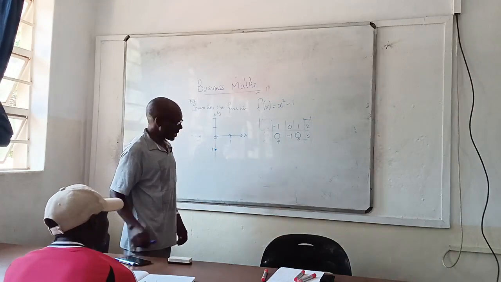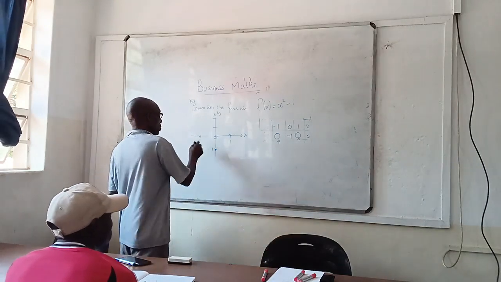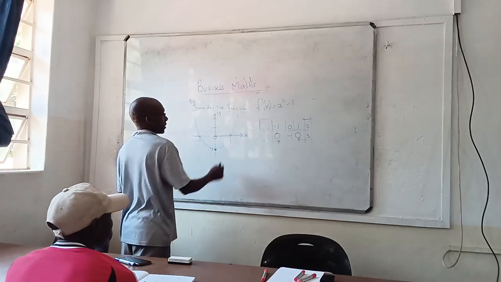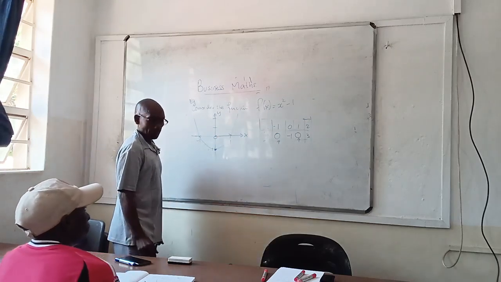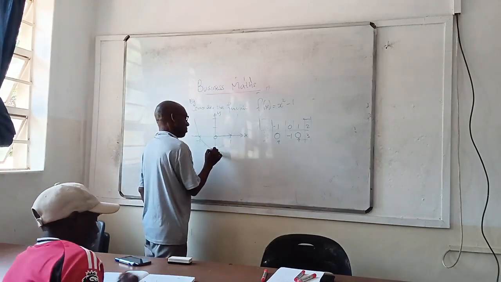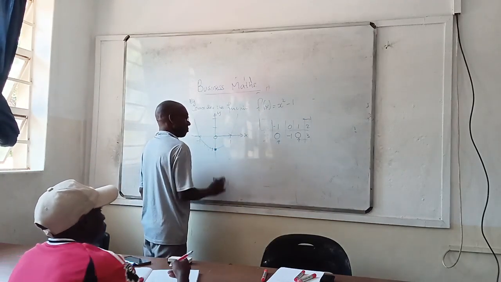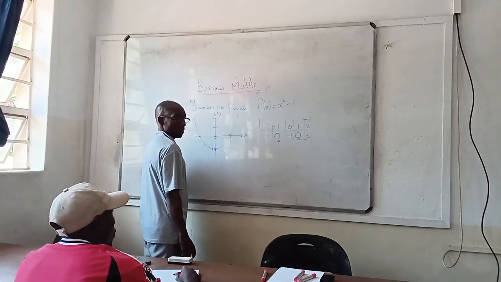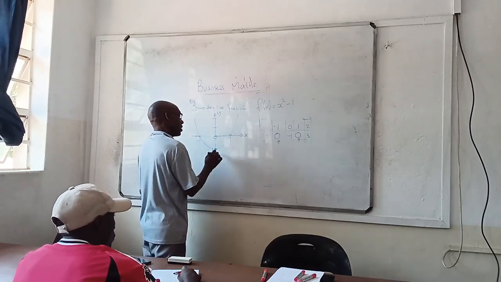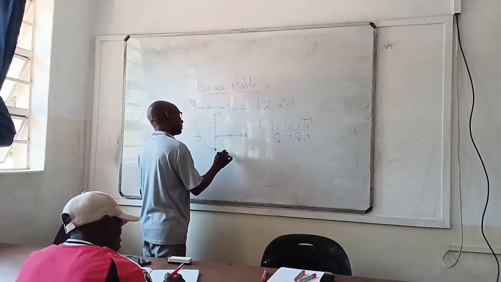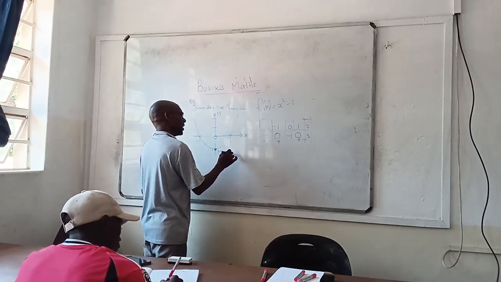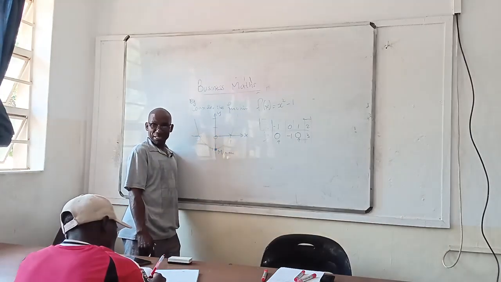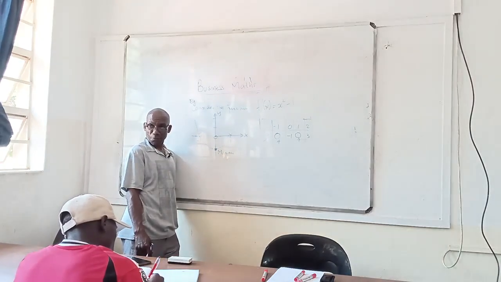Right now, what it means is this is the turning point. You go like this. This is a parabola, right? And this is what is called the smallest point. This is the minimum, the minima. You learned minima and maxima at Form 4, right?